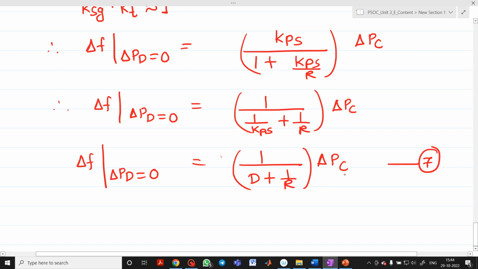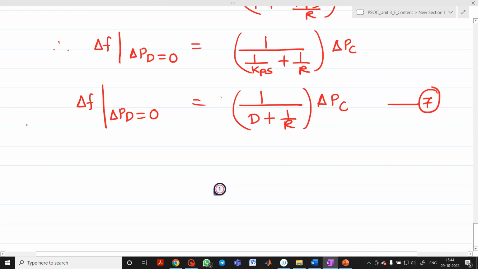Now from equation 3 and equation 7, if the speed changer setting is changed by delta PC, while load demand is changed by delta PD, then the steady state change in the frequency is denoted as follows. I write it from 3 and 7. We will use superposition.